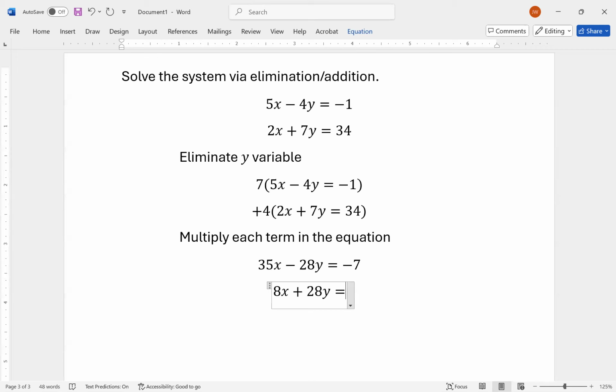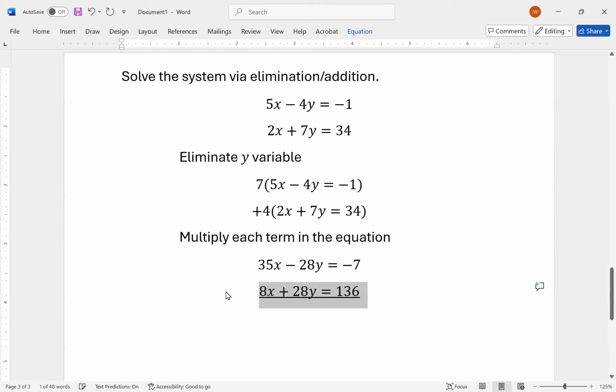That's 136. And now, by doing that, I've forced opposite coefficients on the y variables. One of them has a coefficient of -28. The other has a coefficient of +28.